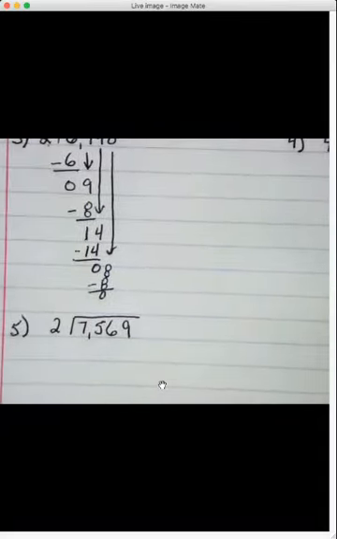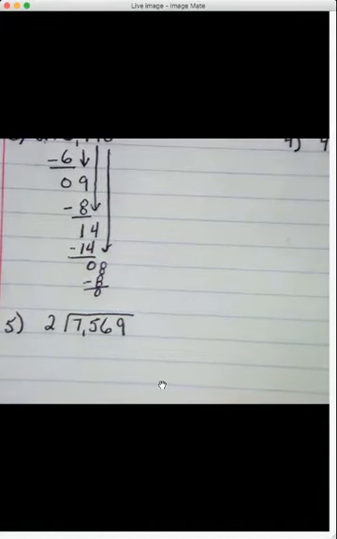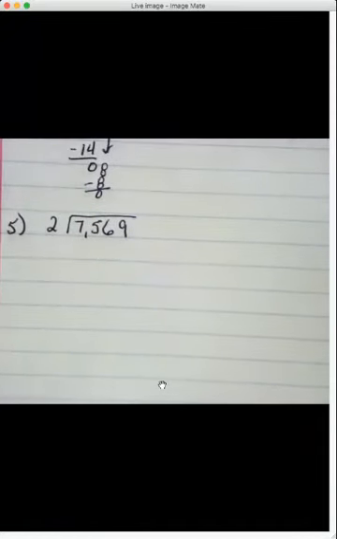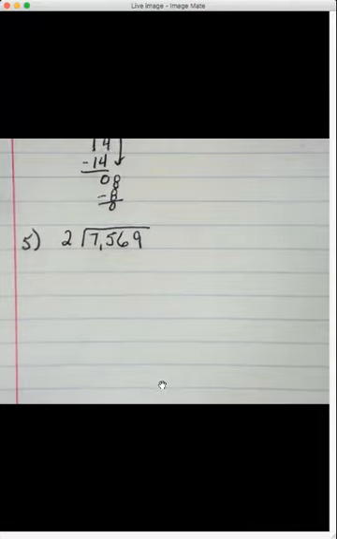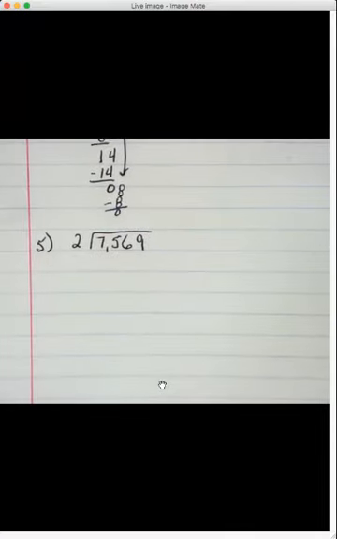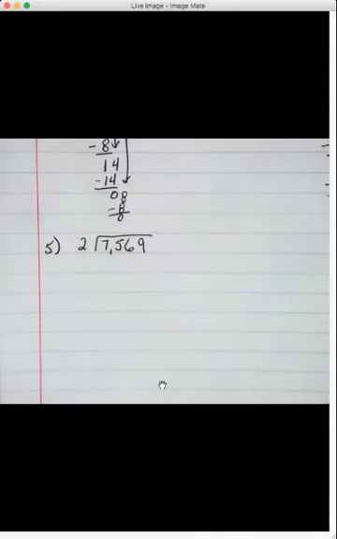Okay? Let's work one more out together, and then you're on your own to do some by yourself, okay? And this one, I got a little too close together to the problem above it, so just bear with me. We'll have to try to be neat here. All right, so number 5 says 7,569 divided by 2.